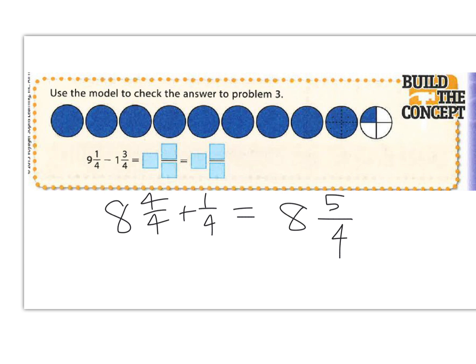Now we're going to take away 1 whole, and we're going to take away 3/4. So we're going to take away 1, 2, 3/4. So then what we had left over is 1, 2, 3, 4, 5, 6, 7, and 2/4. Well, and then we did divide top and bottom by 2 to get 7 and 1/2, which is what we had.